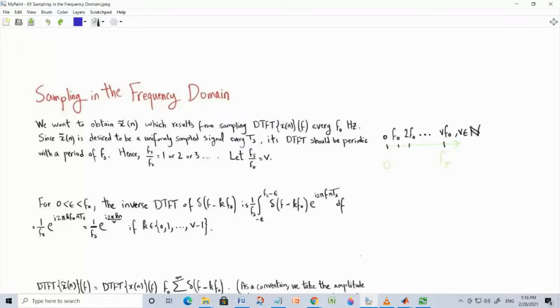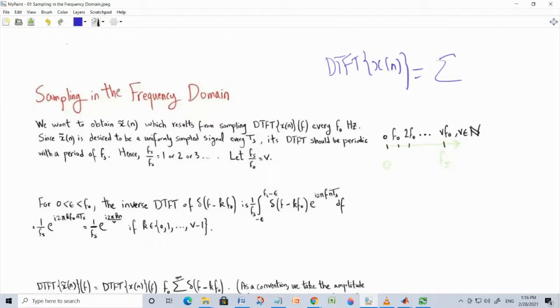Now, another thing is the frequency variable in the DTFT. Even if you truncate the summation, what is the DTFT of x of n? It is a summation.